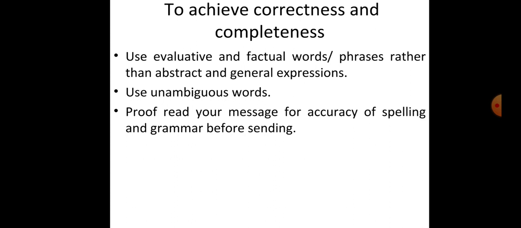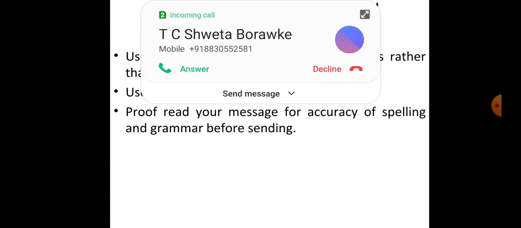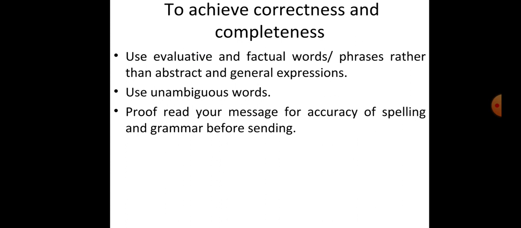So what is the benefit of proofreading? I will tell you. While going for proofreading, we can understand whether mistakes are there or not, and if mistakes are there, then we can rectify them through proofreading. So this is the benefit, and this is why proofreading is important. I hope you have understood the concept of correctness and completeness, and their importance.